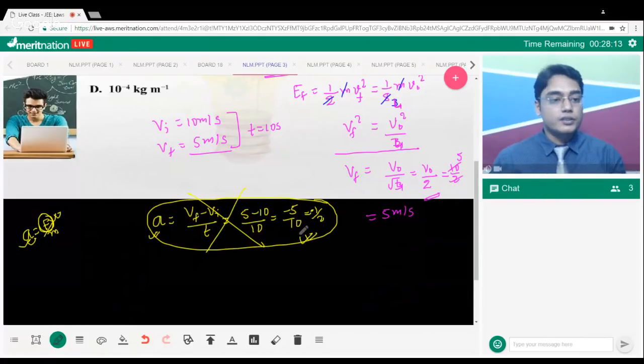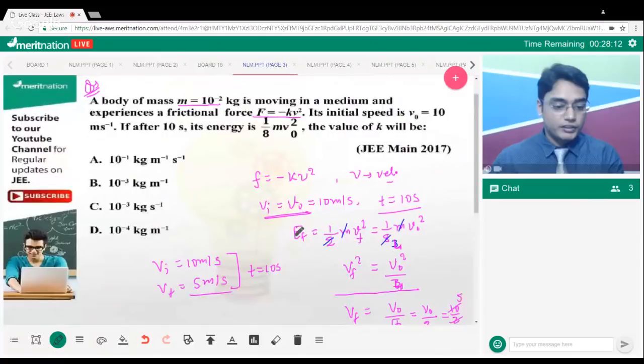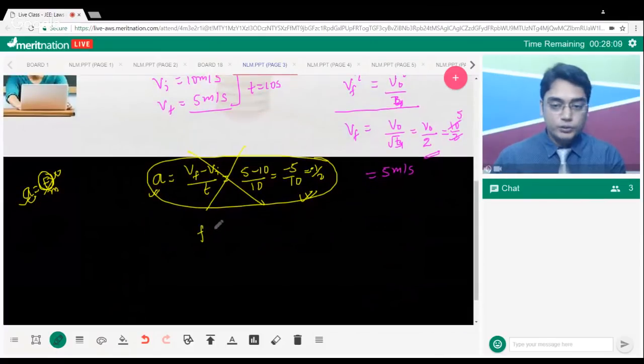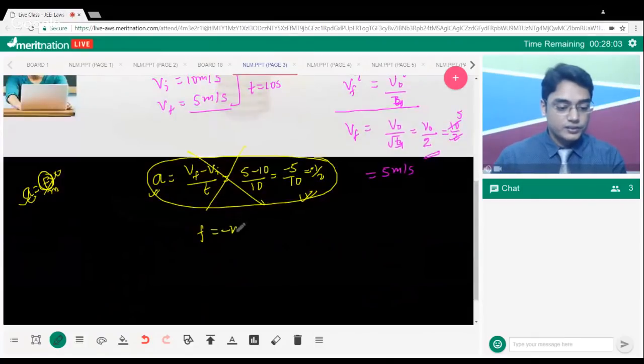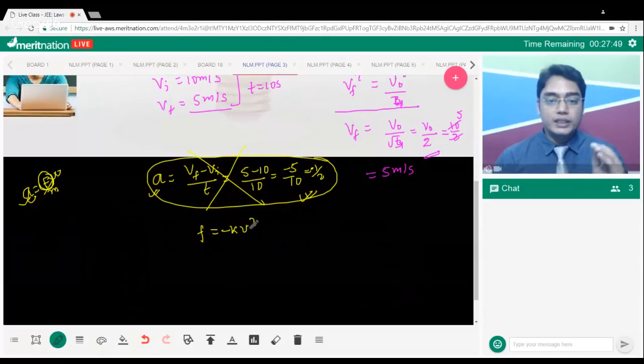But in this question, let me write that friction value. That friction is creating force, and this friction is creating acceleration. So F is equal to minus kv square, meaning that this friction force F is changing with respect to velocity. So we have to use integration.